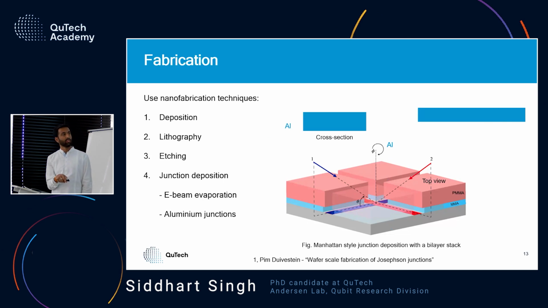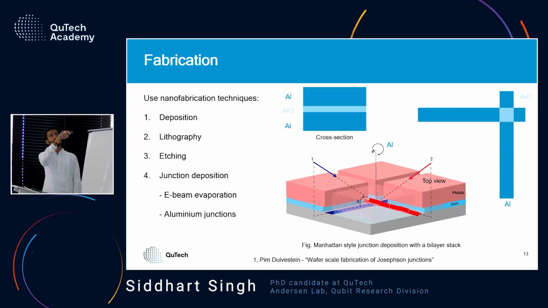Then you expose it to oxygen so that you can grow a nice and thin aluminum oxide insulator, and then you rotate the sample in the right configuration, and you will get the second electrode. And this is how you are creating your barrier here. So you can see this is the sandwich, and at this side you can see there is no galvanic connection between these two electrodes, and that's important.